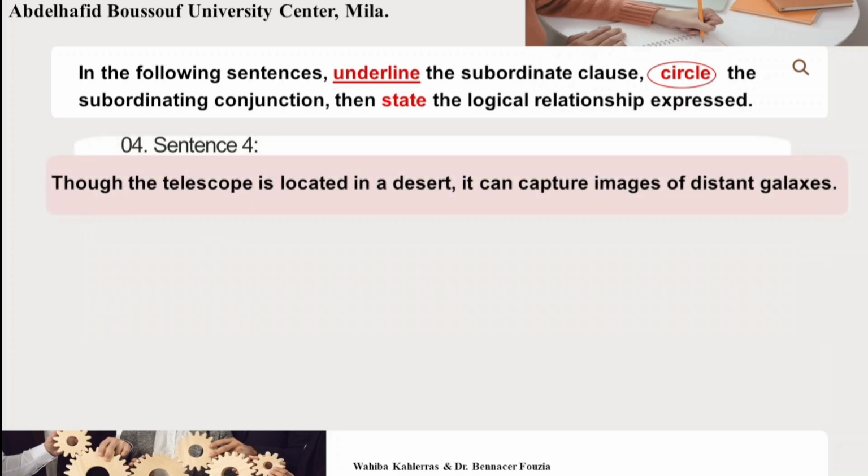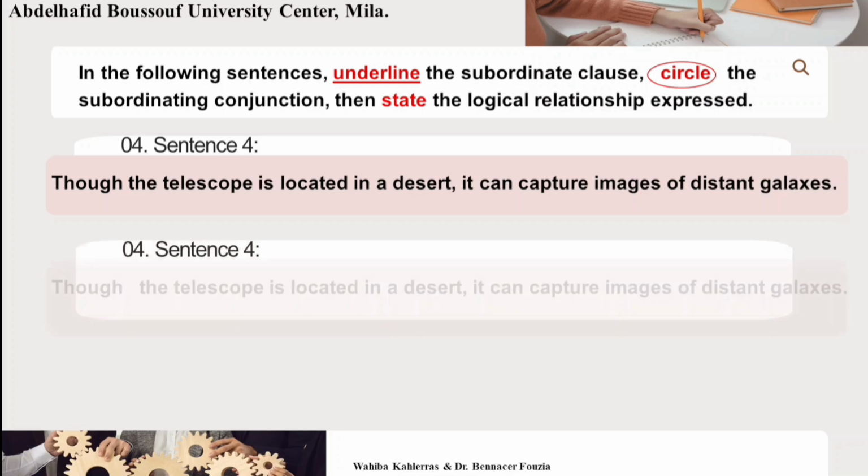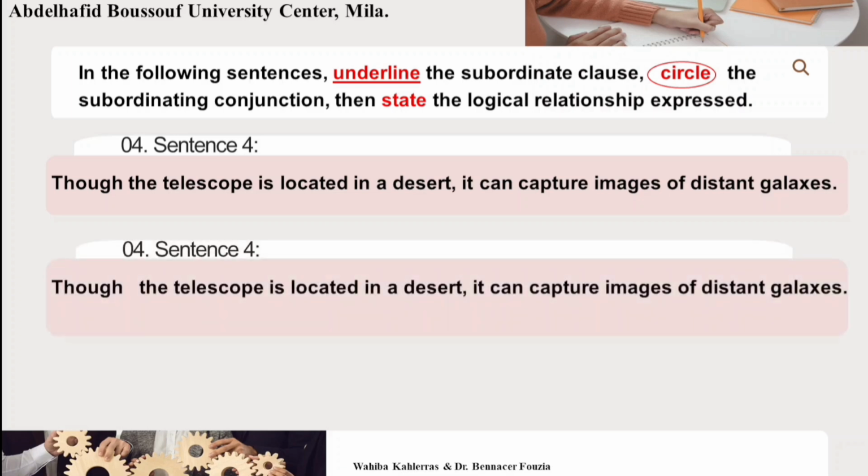Another example, though the telescope is located in a desert, it can capture images of distant galaxies. We need to find the subordinating conjunction, which is though. Then the subordinate clause here is "though the telescope is located in a desert."